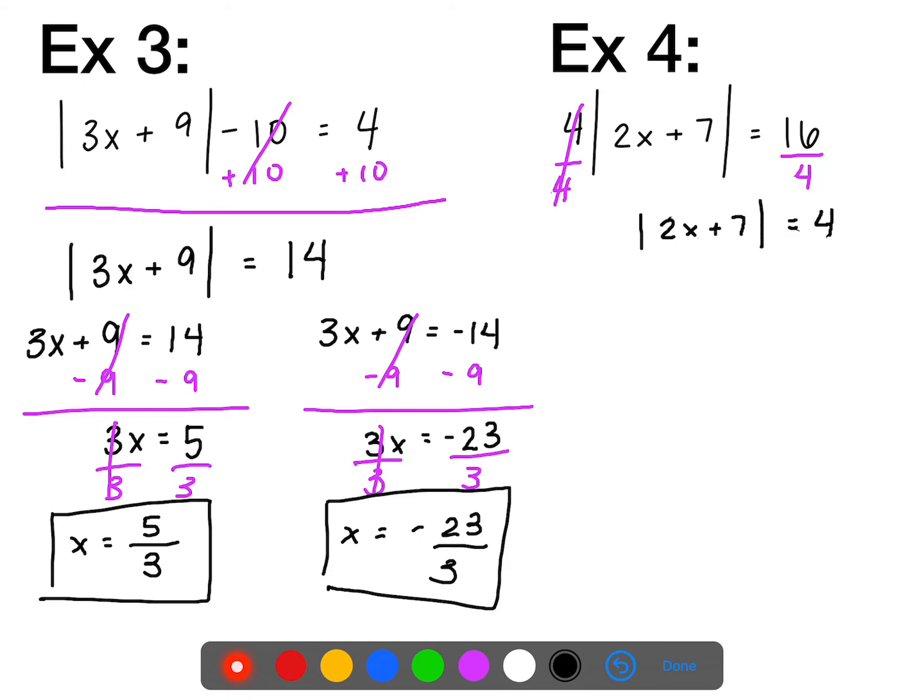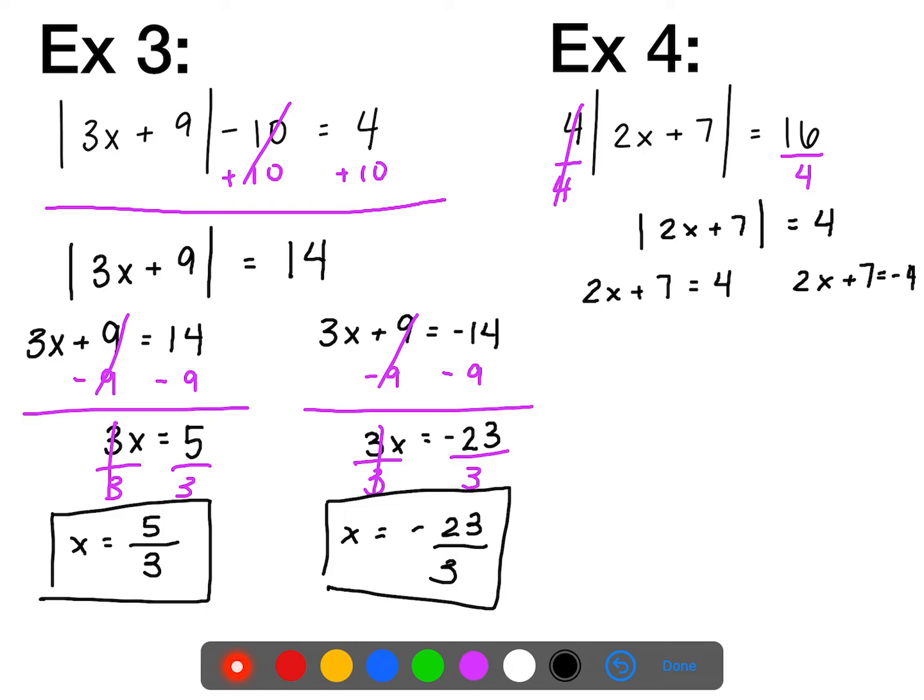So then my next step is to get two equations in here: 2x plus 7 equals 4, and 2x plus 7 equals negative 4. What do I have to do first?